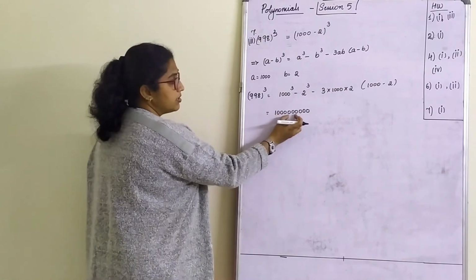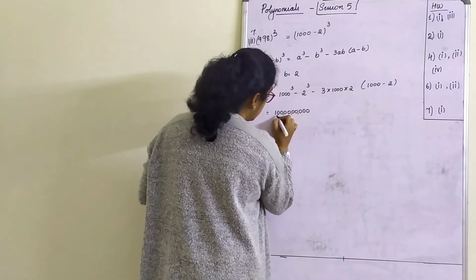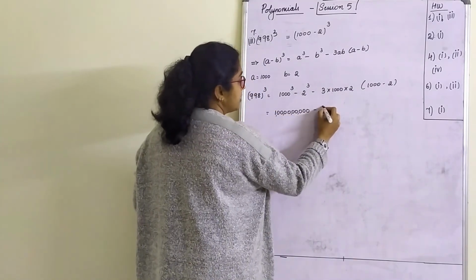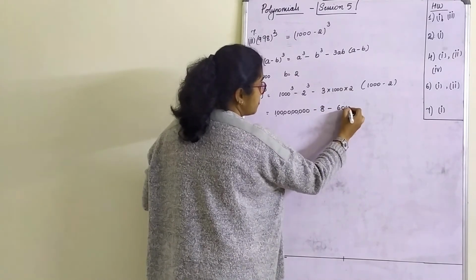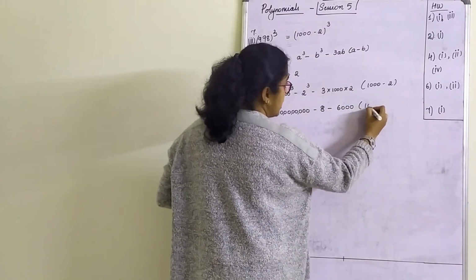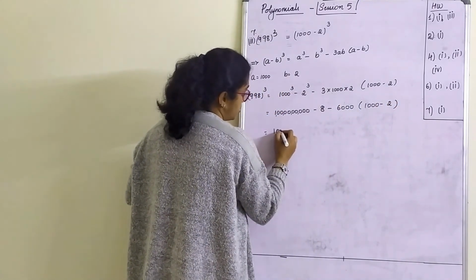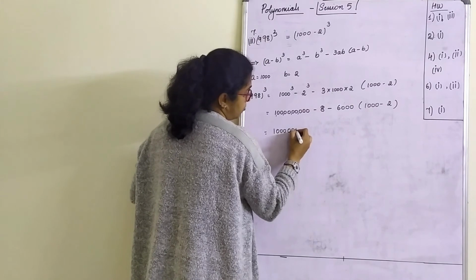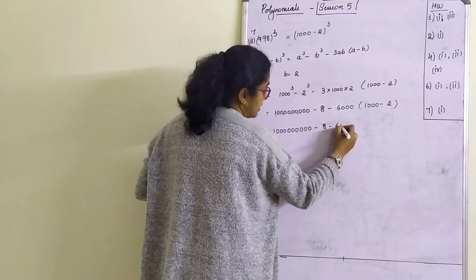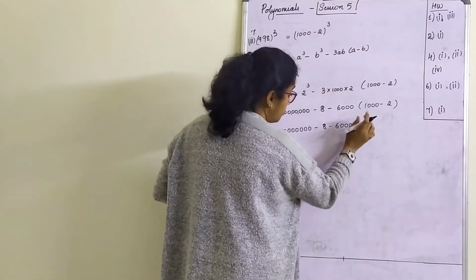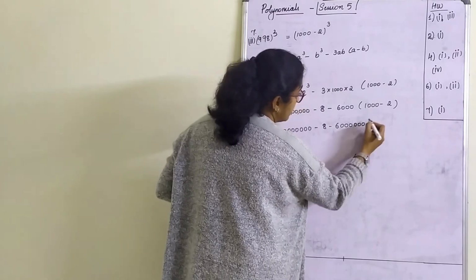Right? This is 1000 cube. 3 times when I multiply, I get this. If you want, you can put commas. Minus 8, minus 3 2s are 6, 6000. Keep this as (1000 minus 2) as it is. So 1, 2, 3, 1, 2, 3, 1, 2, 3. Minus 8 minus 6000. Oh, sorry. We'll multiply 6000 into 1000. 3 more zeros you can add here.